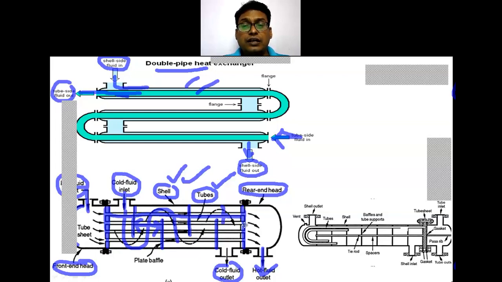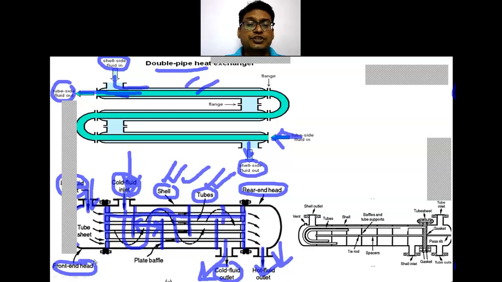So we have a few important things: the tubes, the shell, the fluid which is on the shell side, and the fluid which is on the tube side. For that, the inlet for the tube side fluid, the outlet for the tube side fluid, the inlet for the shell side fluid, the outlet for the shell side fluid.